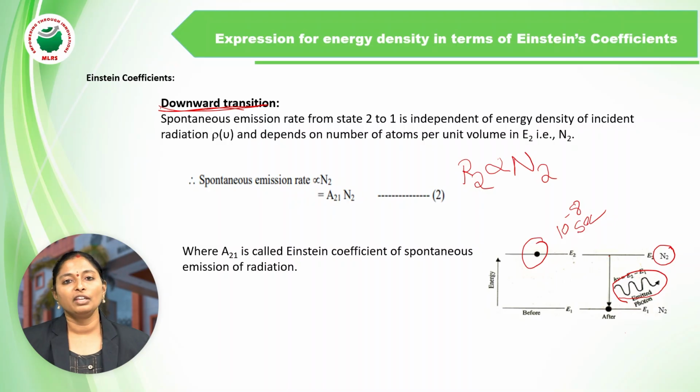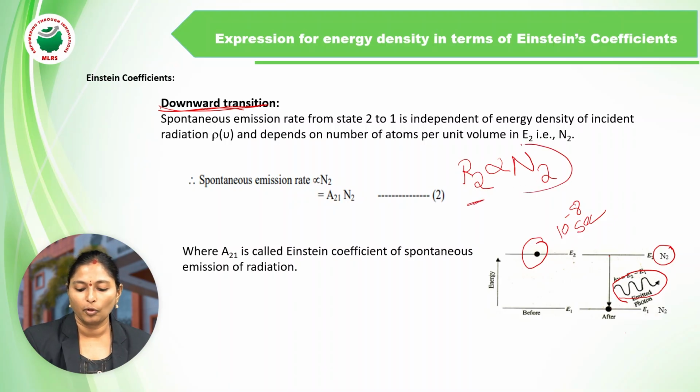Here we are not giving any external energy. So that's why the rate of spontaneous emission depends upon the number of atoms in the excited state. Whereas in the earlier process, the rate of stimulated absorption depends upon the number of atoms in the ground state, and in the same way it also depends upon the energy density value.